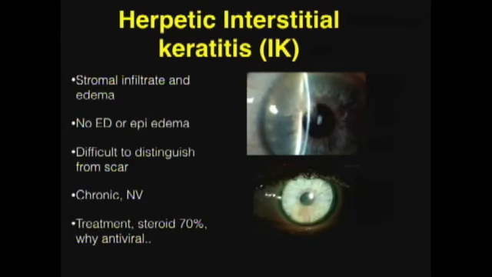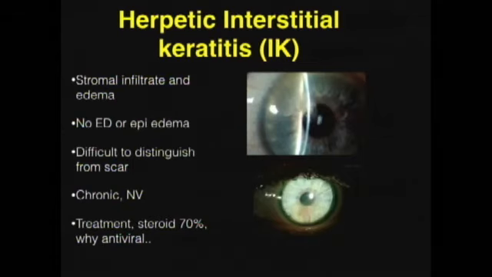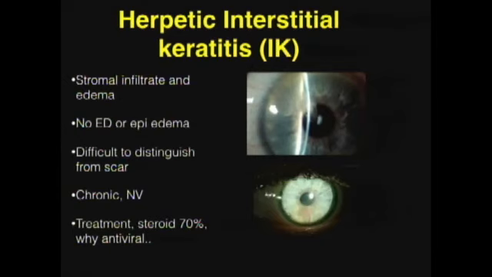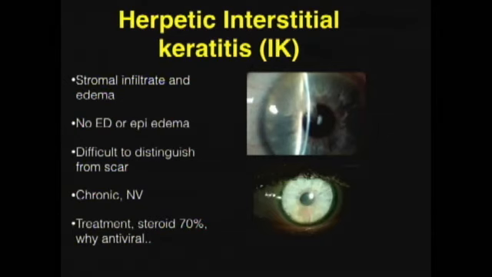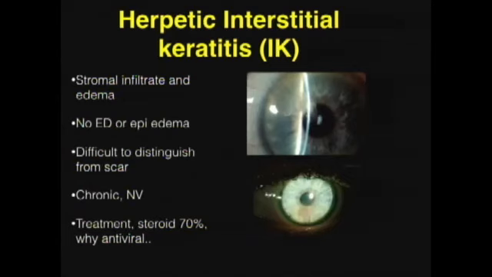Most of the time when you see a patient with IK, they had an episode before. But sometimes you can see IK as an initial presentation to your clinic, because of missed epithelial keratitis or missed HSV conjunctivitis in the past.